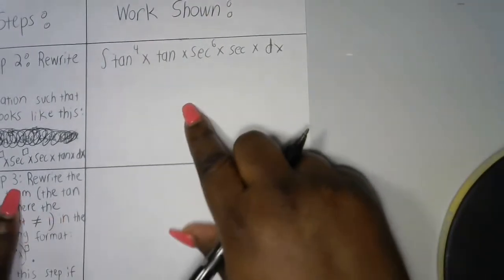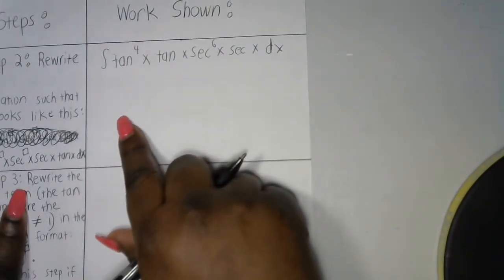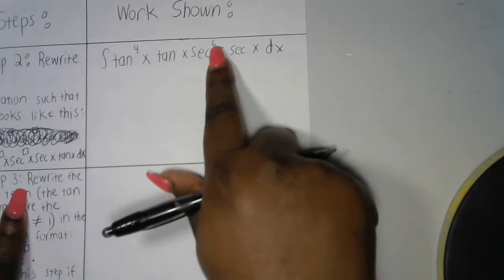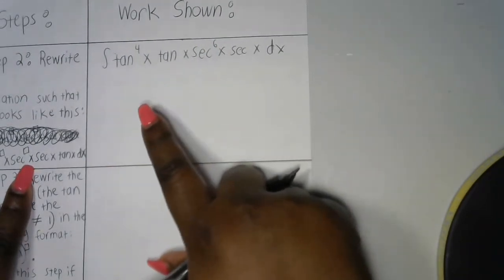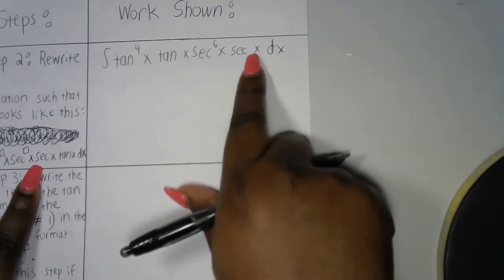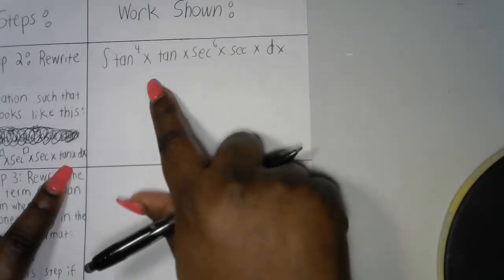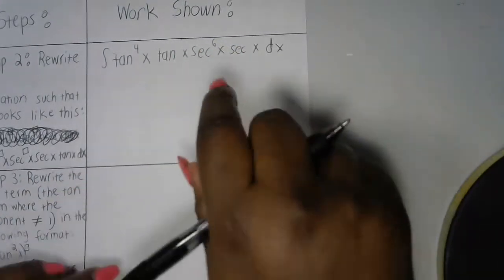So what we want to do is put the tan x to the something power over here first, then the secant x to the 6th power, that's going to be the second term, and the third, the secant x to the 1st power, the power that we broke off, that's going to be the third term, and the 4th term is going to be tan x to the 4th power. Then we're just going to bring down the dx.